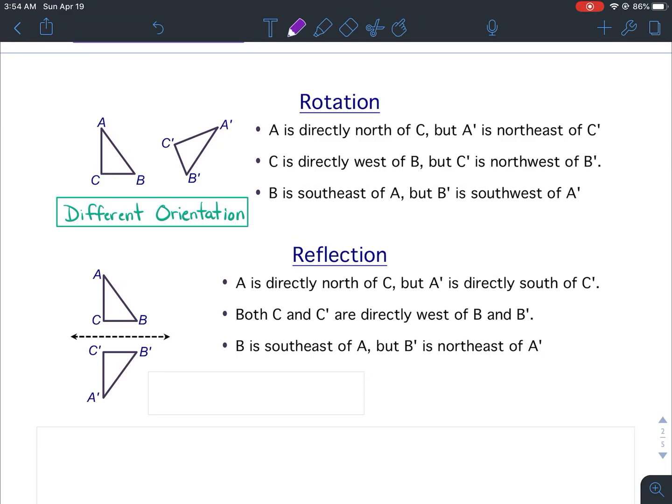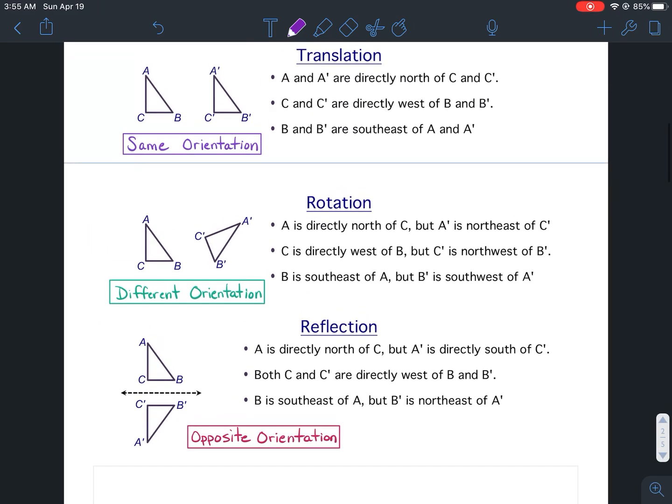So if you look at C and B, and then C prime and B prime, they're lined up the same way, but for the top triangle, A is north, whereas in the bottom triangle, A prime is south. Therefore, you could tell that it's a reflection, it flips. So it is called the opposite orientation. For reflection, it is opposite orientation.